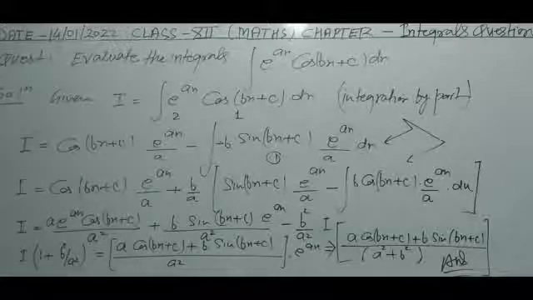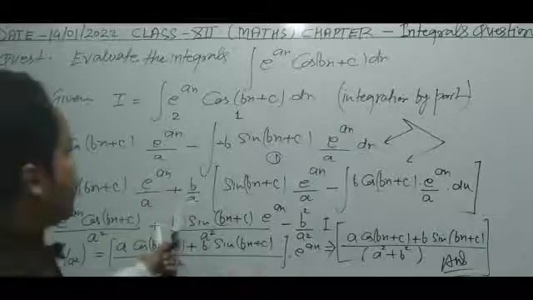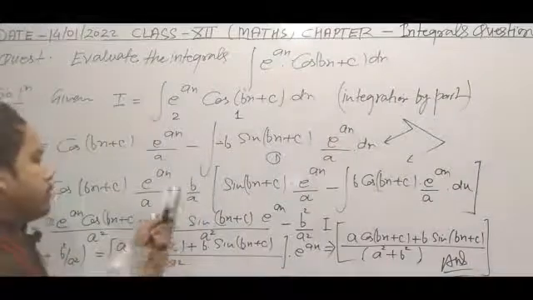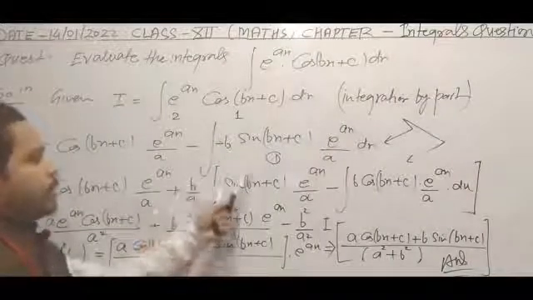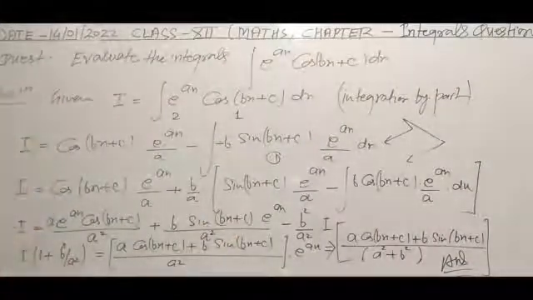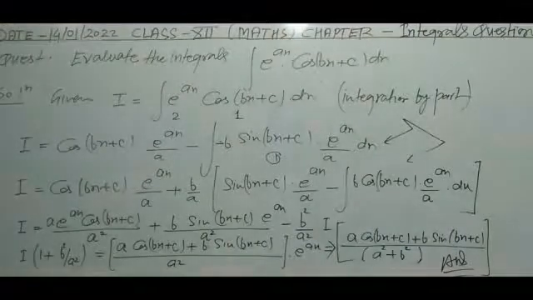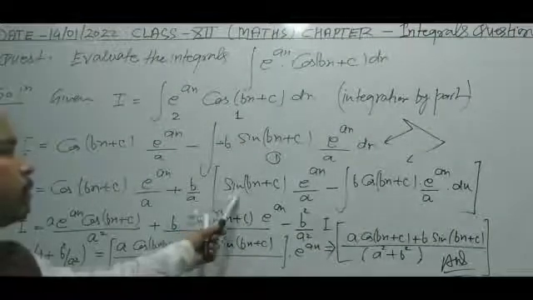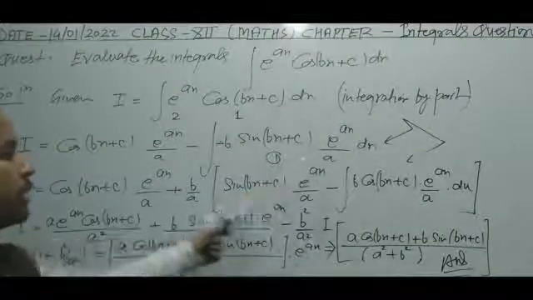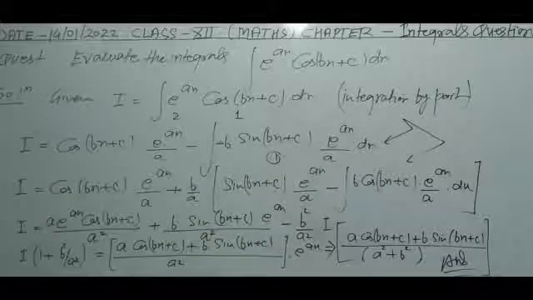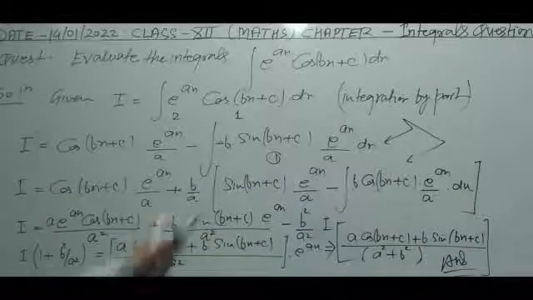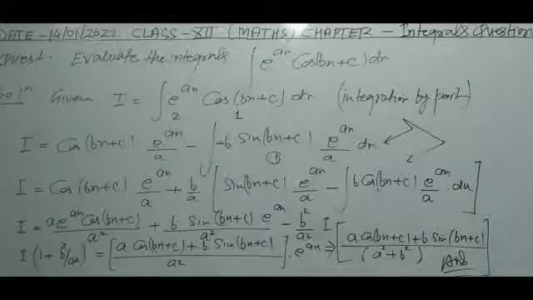This is the integration. Now b by a is constant, so b by a with negative sign will come outside the bracket, and again you will apply this formula, integration by part. Applying this formula, you will get first function and this is second function. So first function integration of second function minus integration of d by dx of first function into integration of second function. Now you will see this is the result I.